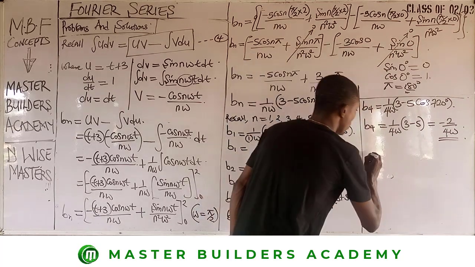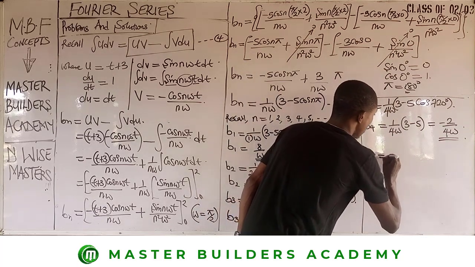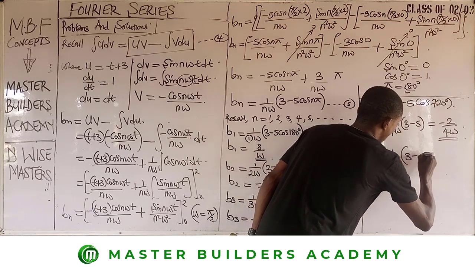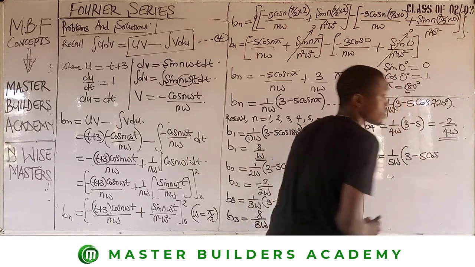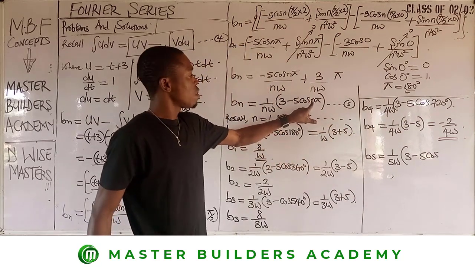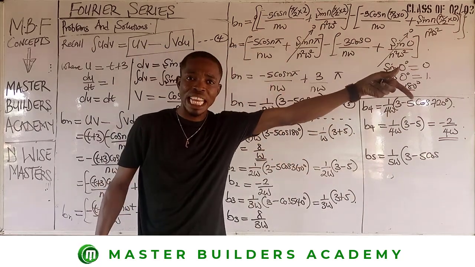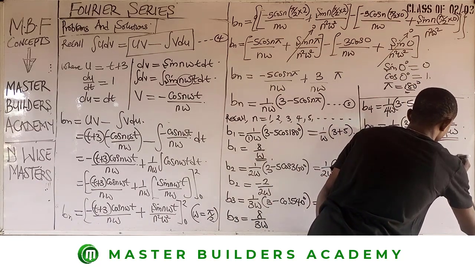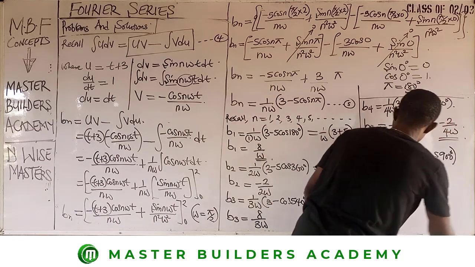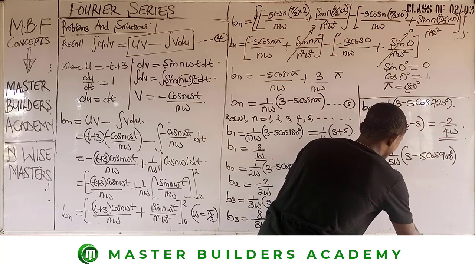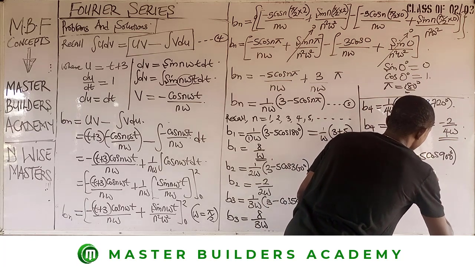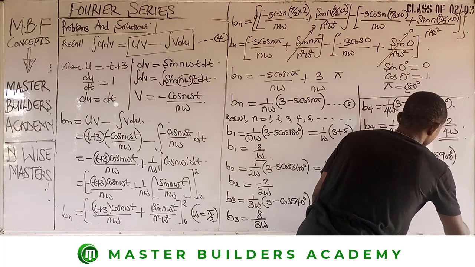Then we move down to b5. b5 gives us 1 over 5w into 3 minus 5 cos. Now, when we come again to this equation, 5 multiplied by 180 will give us 900 degrees. And then b5 would have given us 1 over 5w into 3 plus 5.